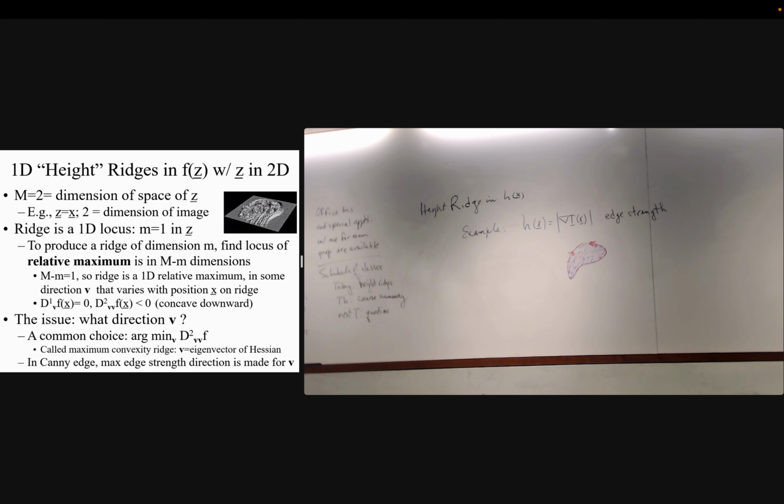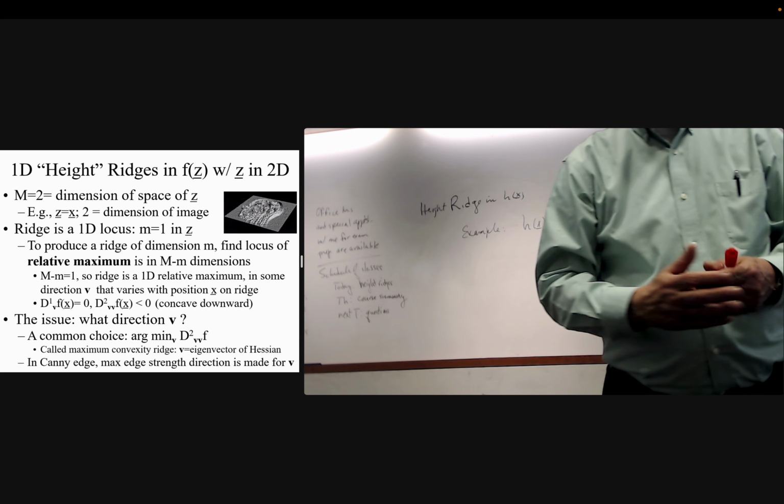Later, when we try to find the edges of regions, let's say a kidney in a medical image, you have high intensity in the kidney, low intensity outside.